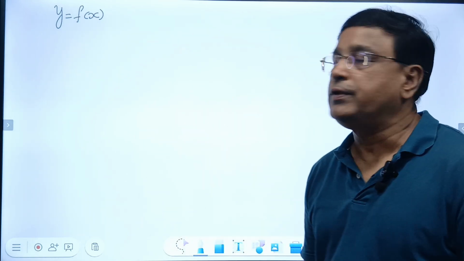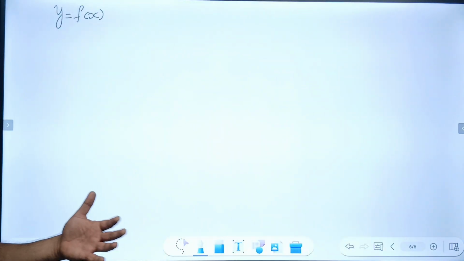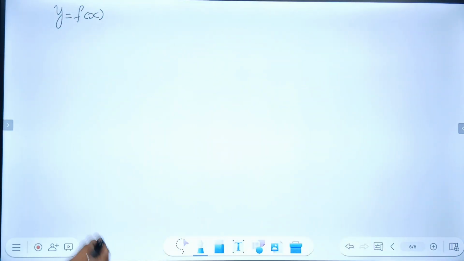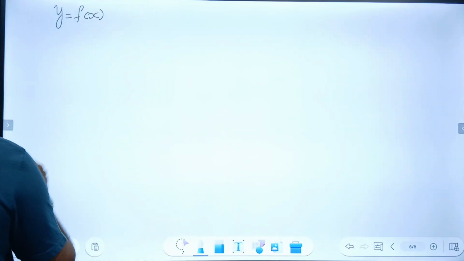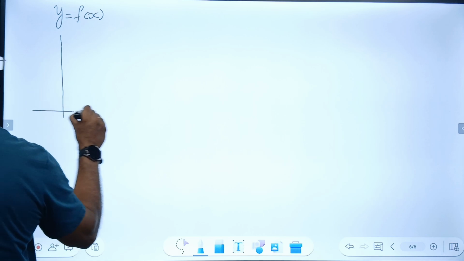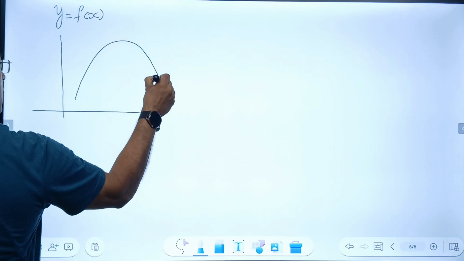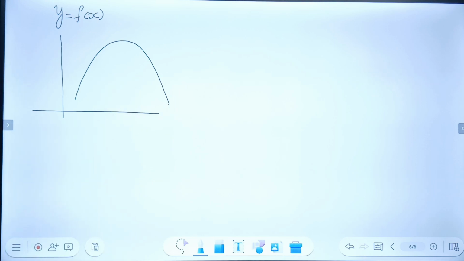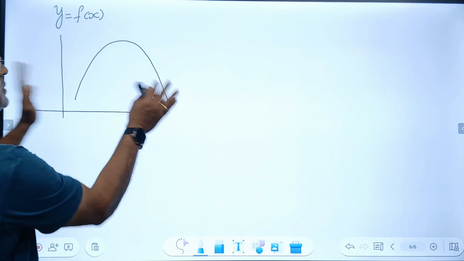It has two variables, x and y. And you know, graphically every function represents a curve. Suppose I represent this function by a curve like this. Of course, it can extend, but for our comfort, I just leave it here.